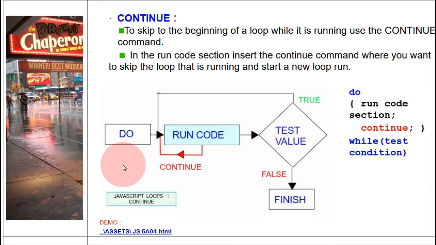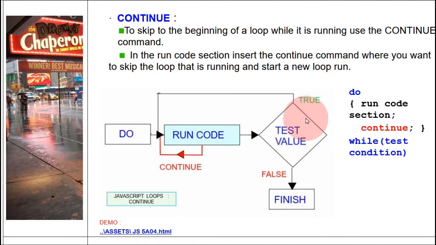The way we do this is like this. You have your do command, it's normal, you have your run code section, you test your value, and if that value is true, then we run the loop again. If the test value is false, we finish running the loop.